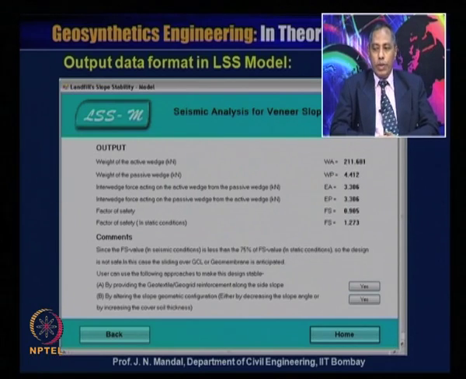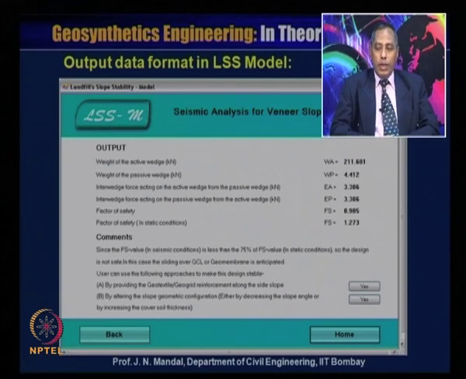The interwedge force acting on the passive wedge from the active wedge, EP, is equal to 3.306 kilonewton, and the factor of safety Fs is equal to 0.905. The factor of safety in the static condition, Fs, will be equal to 1.273.